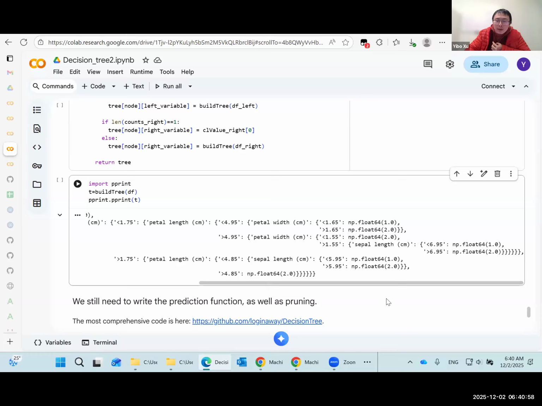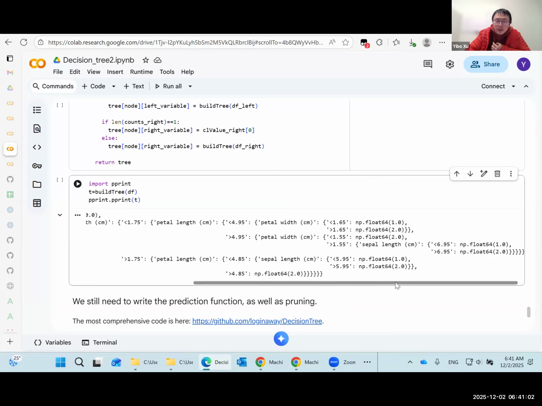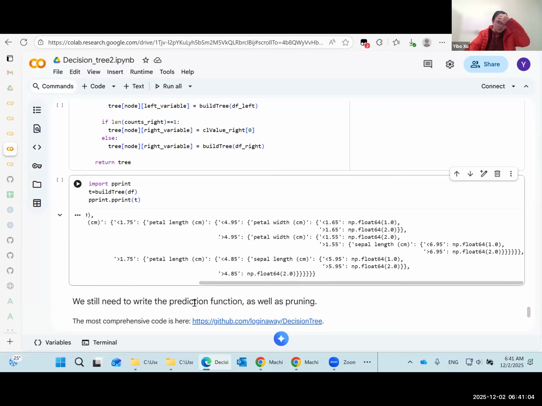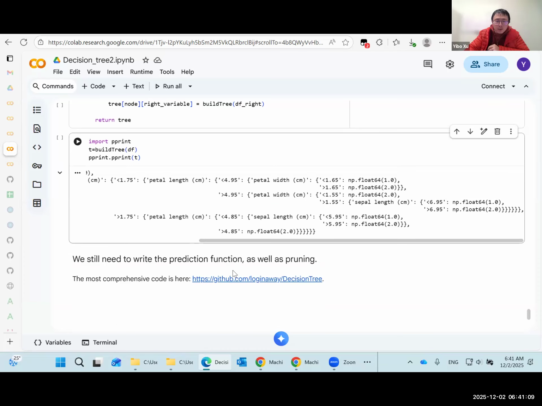And of course, if you worry about the over parameterization, then there are other steps that we need to do, like pruning. Okay, but for a more comprehensive setup, we will once again think about the decision tree. So you are building up a tree based on the data. We mentioned that the tree built from the data is sort of like a summary of the data that you have.